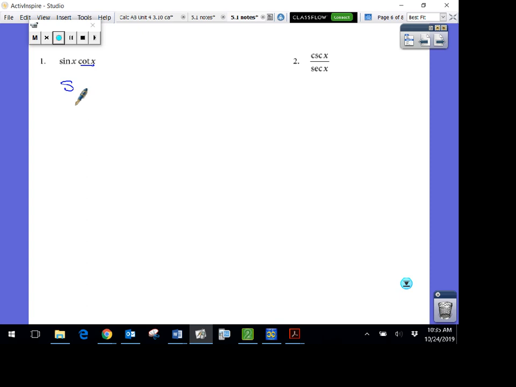So if I say sine x and I change cotangent to cosine x over sine x, now there's things I can simplify. So I can simplify sine x over sine x right there, and I get cosine x.